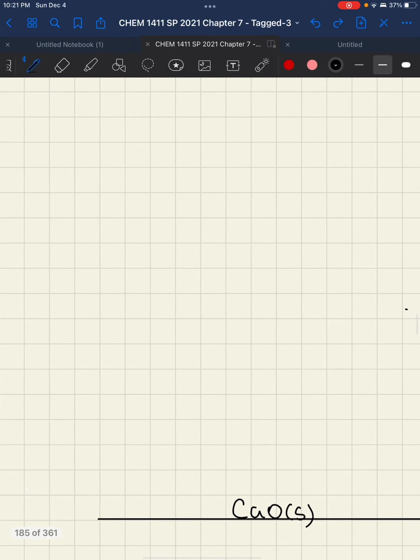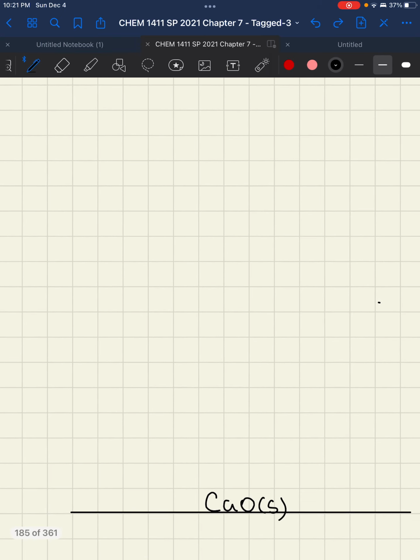So that's what we're going to write down. Since it's an exothermic process, in the Born-Haber cycle it is shown with an arrow that's downwards. And when it's endothermic, the arrow is going to go upwards, and you're going to see more in a little bit. So this is the enthalpy of formation.